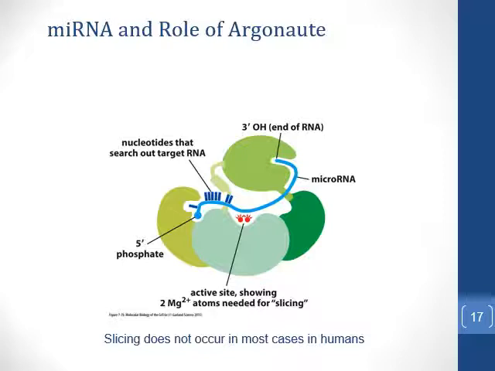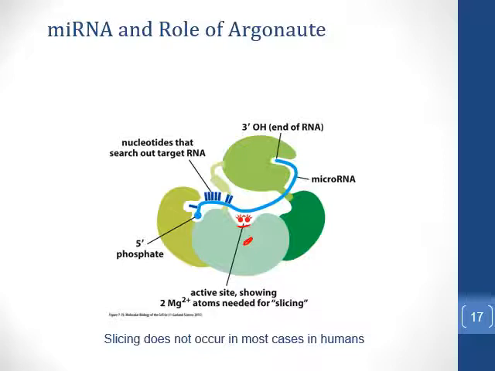And this Argonaute protein is thought to stretch out the microRNA and position it in such a way that it can easily form base pairs with the target RNA. And then you have this domain right here that actually has the catalytic site where you can get slicing.